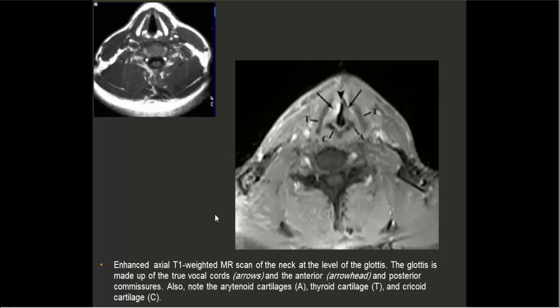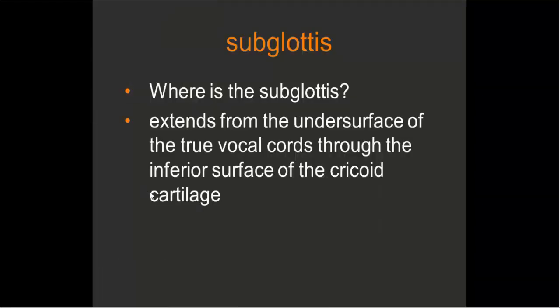As we see, this is the mid-glottic area, the mid true vocal cord, with anterior and posterior commissures. This is the anterior commissure and here is the posterior commissure, with the arytenoid cartilage, cricoid cartilage, and thyroid cartilage.